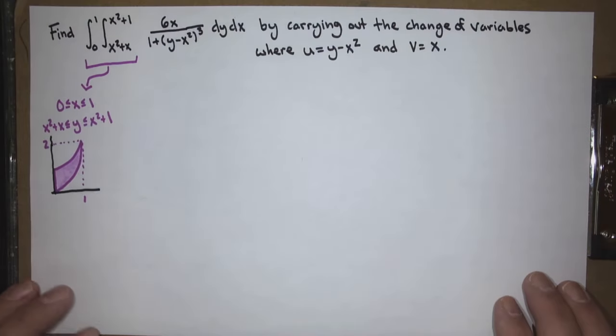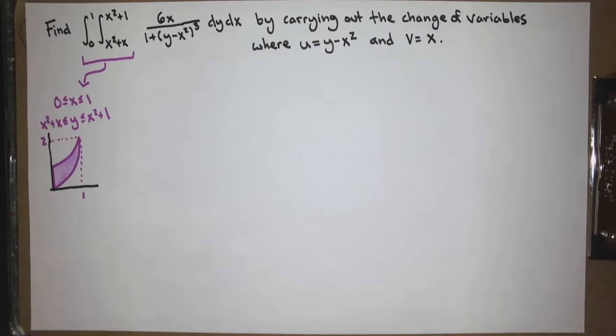Now, the practice. Okay, so our first round. Find the integral from 0 to 1, integral x squared plus x to x squared plus 1, and we went ahead and drew this picture. So this is what the region looks like.